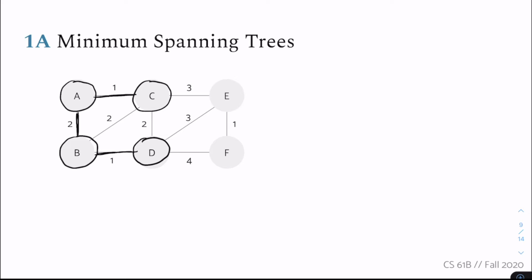Again, repeating the process like I said before, we get 3, 2, 2, 3, 4. We can immediately cross out anything that would cause a cycle, which means our new lightest connection goes from C to E, because alphabetically that comes first. Bam.